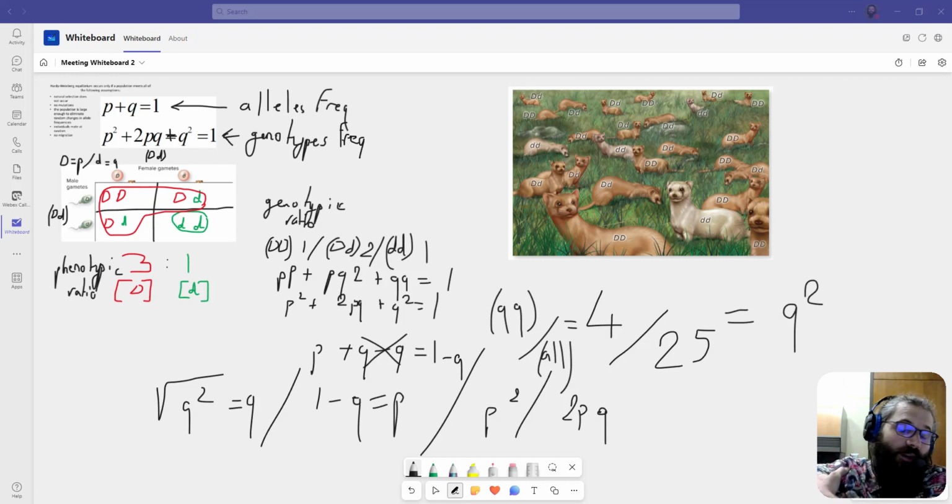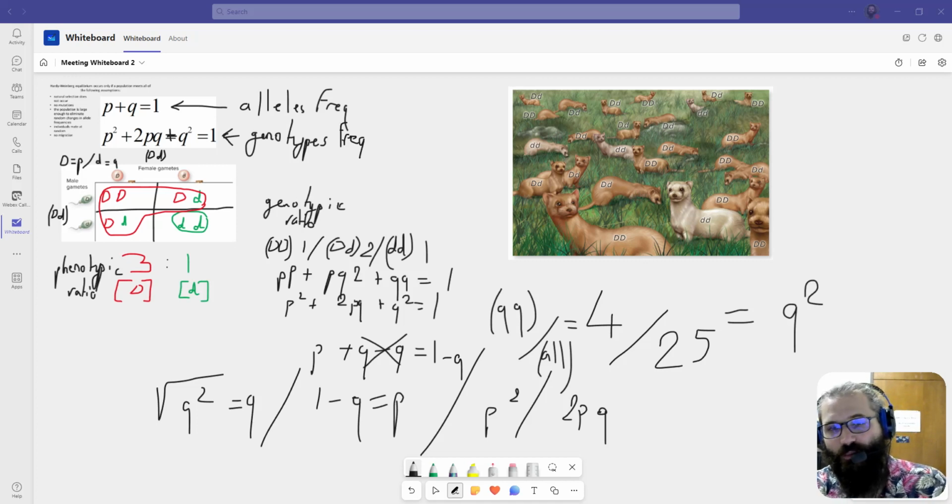And you have to look at what the question is asking. So if I tell you the frequency of a dominant allele is 0.6 in this population, what is the frequency of heterozygous individuals? You do 1 minus 0.6, 0.4, that's q, and so now you have p and q, and it's 2pq that you're looking for.